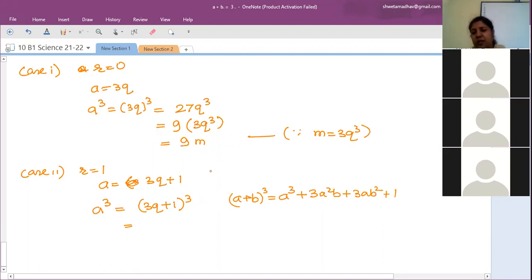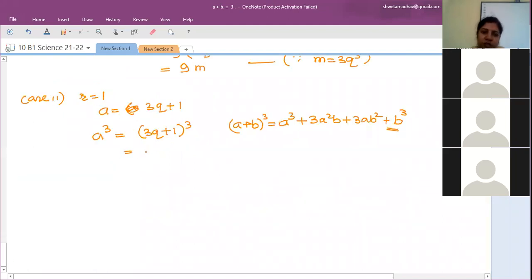because the number will be at the end. We need 9m plus 1 or 9m plus 8. Therefore, I'm keeping this number, b cube, at the end. Now here (3q) whole cube plus 3a square b plus 3ab square plus b cube. b is 1.